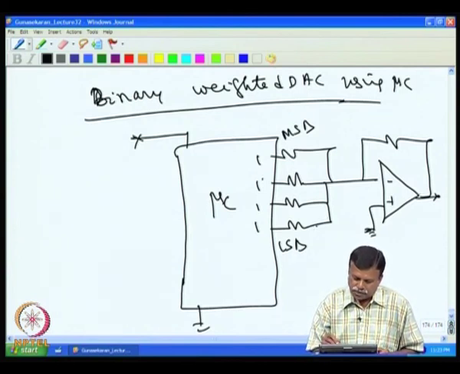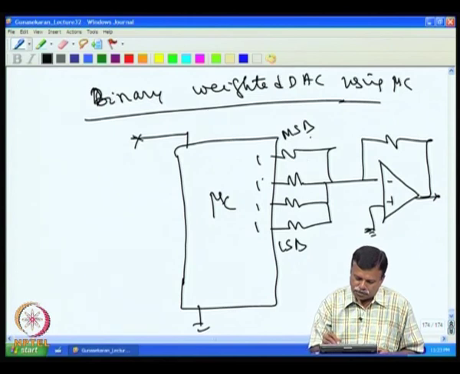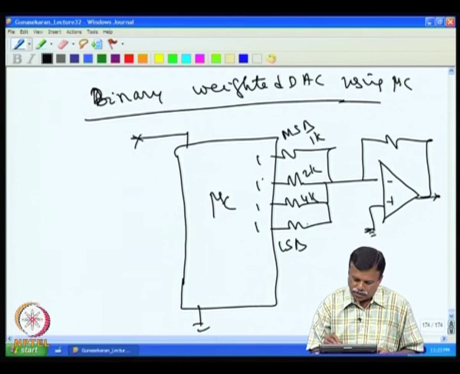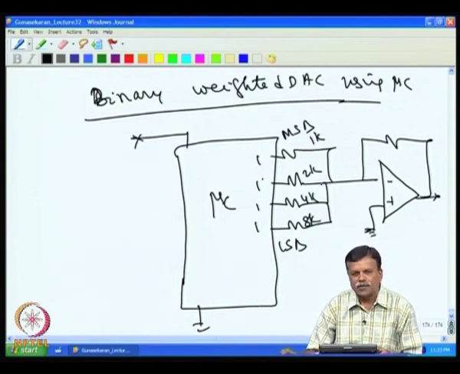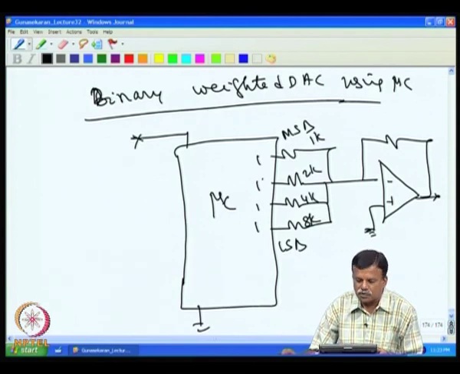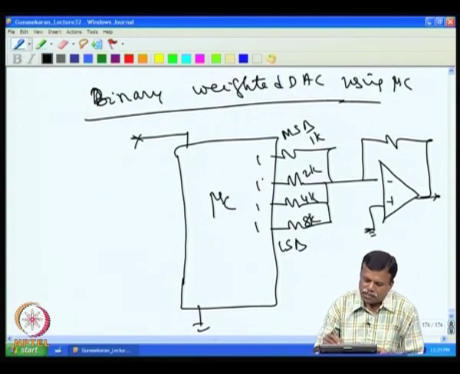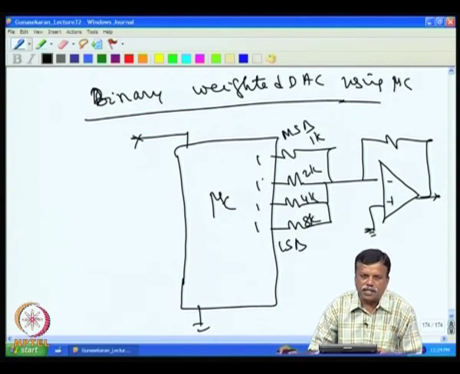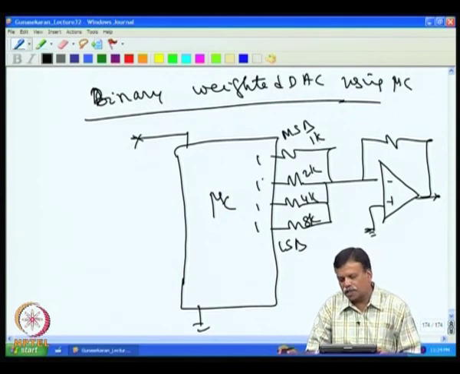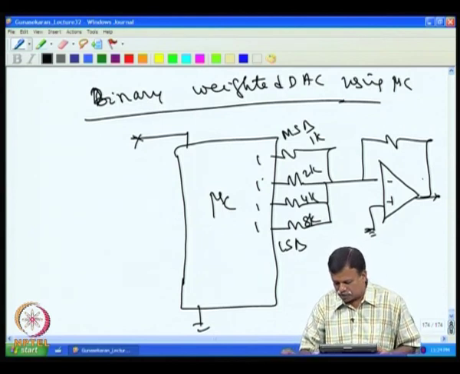For example, if this is 1 K, then the next one has to be 2 K, then 4 K, 8 K. Of course, this is one of the major problems when you are dealing with the microcontroller, because getting these resistors correct is the major issue. Then you can immediately realize that a 16-bit converter is even much more difficult, because you do not get the correct values.